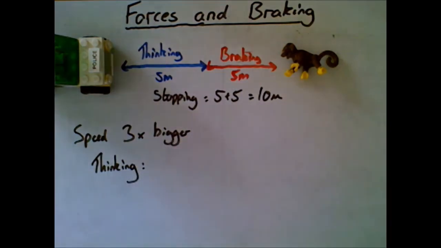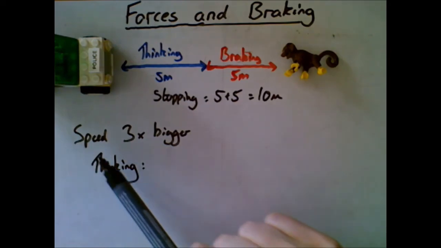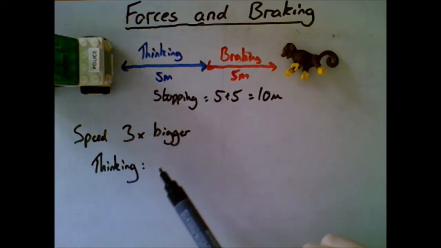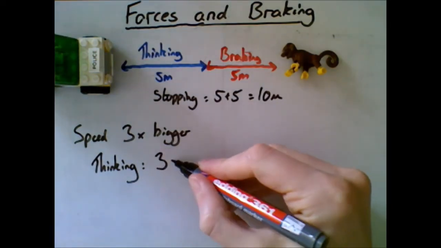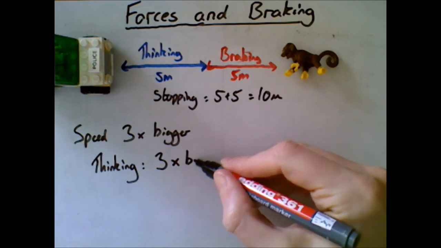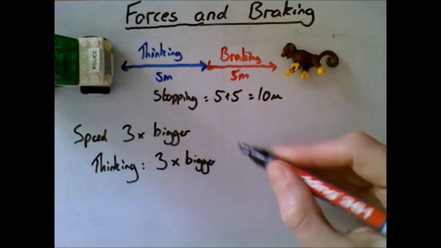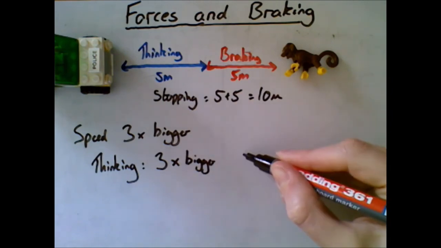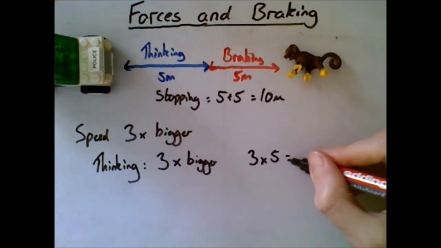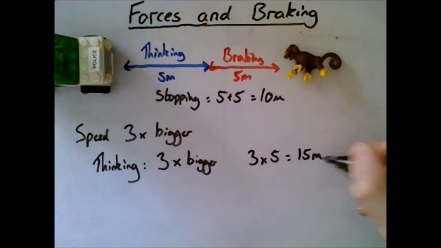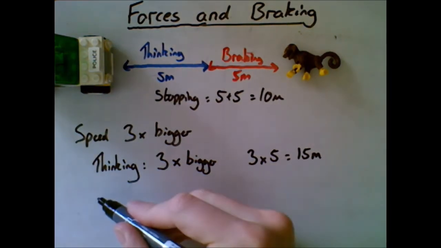Well, remember, thinking distance is directly proportional to speed. So if the speed is 3 times bigger, that means the thinking distance is 3 times bigger. So that's also 3 times bigger as well. So therefore, what we've got is that that's going to be 3 times what it was before, which is 5, giving me 15 metres.